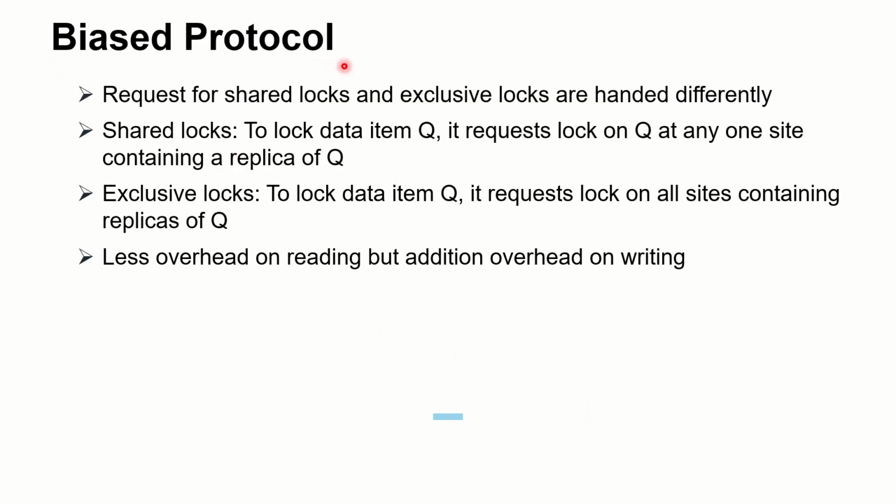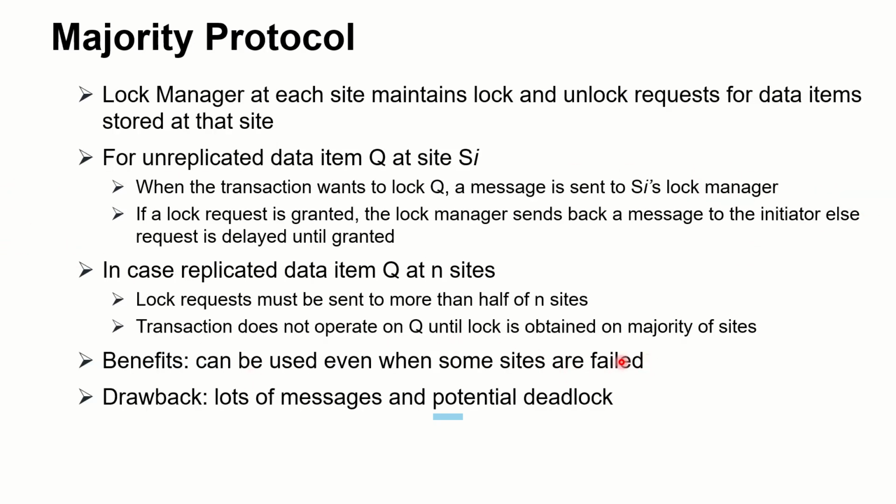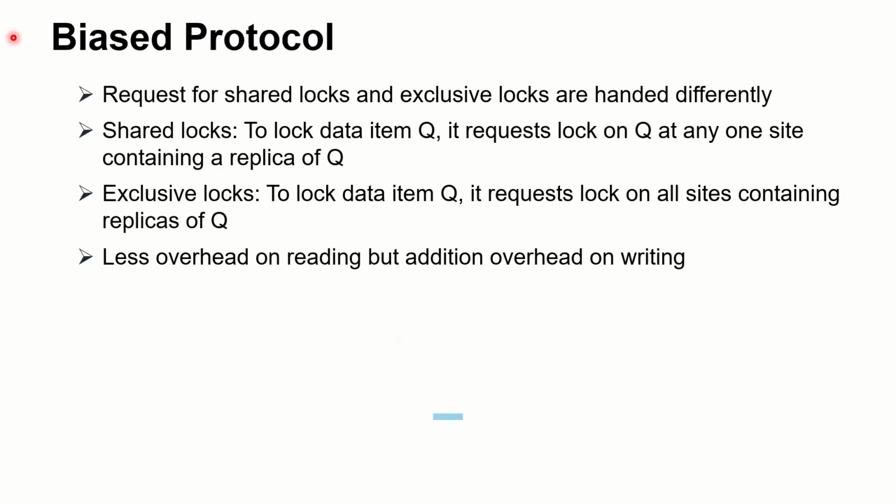In the biased protocol there was a benefit, very little overhead for shared locks, but there is also a problem: if some sites fail, it is unable to handle exclusive locks for the data item Q. So the majority protocol can handle site failures, but the biased protocol is unable to handle exclusive locks if some sites have failed.